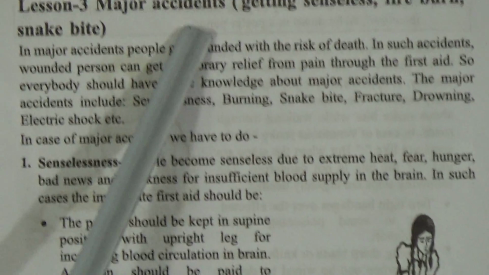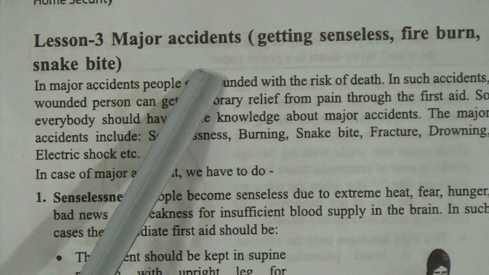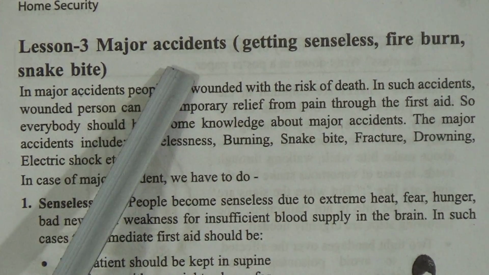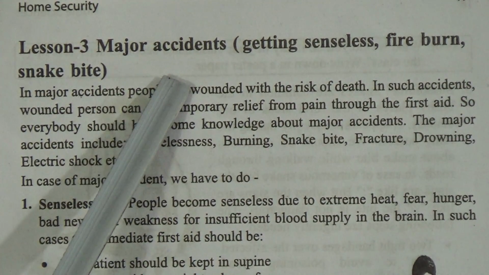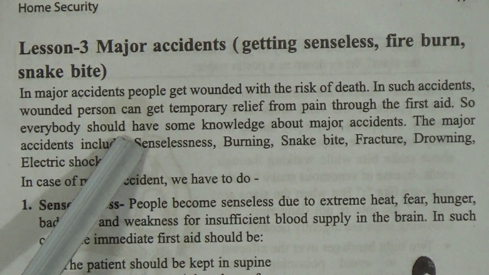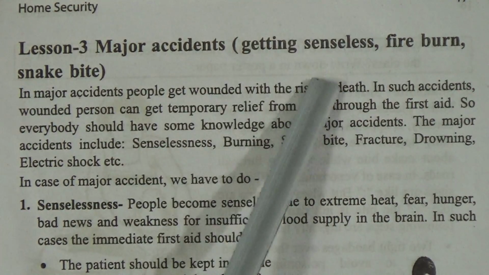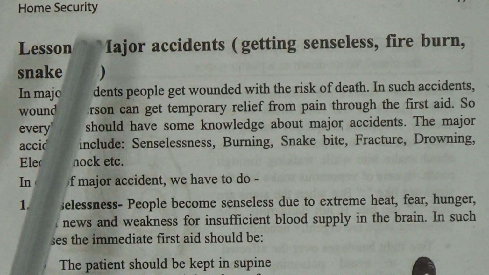Now students, we will learn lesson 3. And the title is Major Accidents. You know, in lesson 2, we came to know that there are 2 types of accidents: major accidents and minor accidents. And there we talked about a lot of minor injuries, and here we will learn about major accidents like getting senseless, fire burn, snake bite.